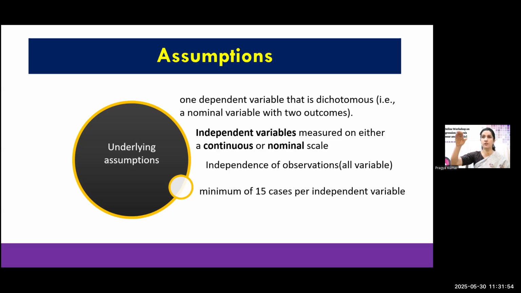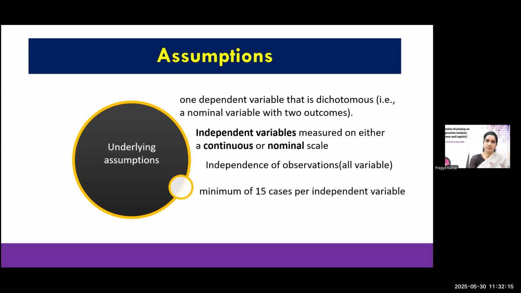Each row is an individual, so if there are two rows in your data set which are exactly the same, that is what we mean here. There might be a few changes, but it is the same person. So there should be independence of observation.